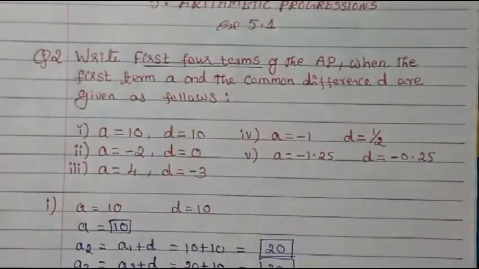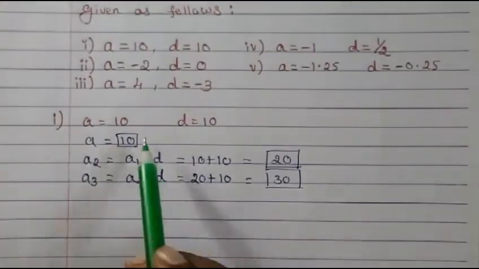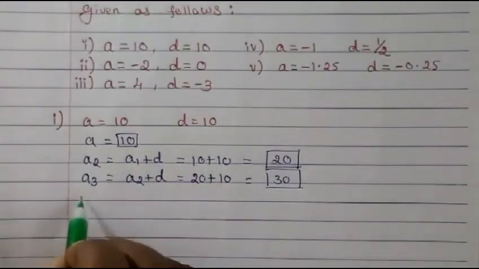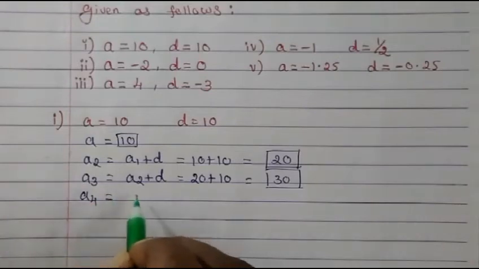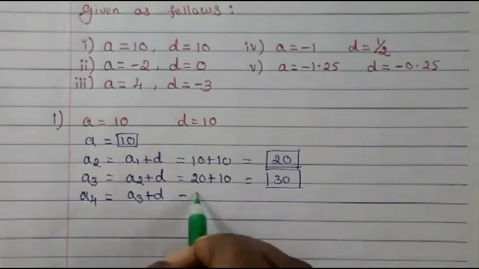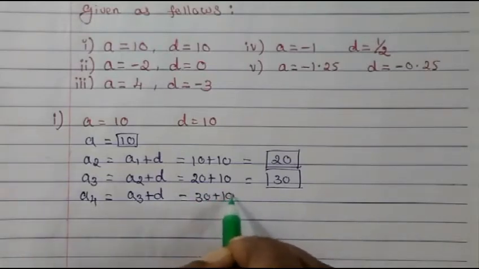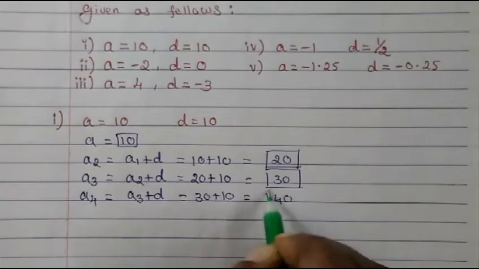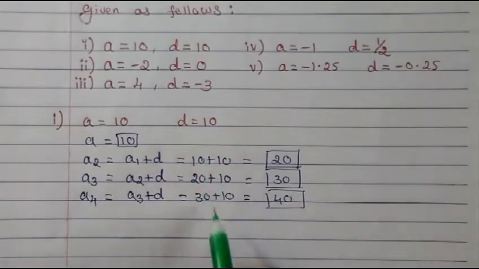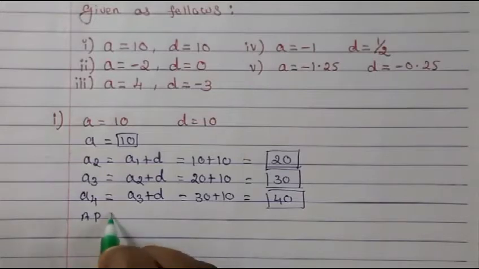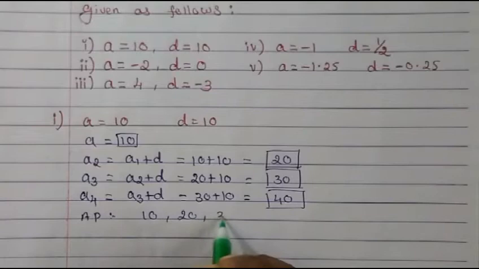Four terms. We already have three terms, so one more: with A3 add D we will get A4. A3 is 30 and D is 10, so we get 40. So four terms we found out. Our AP series is 10, 20, 30 and 40.